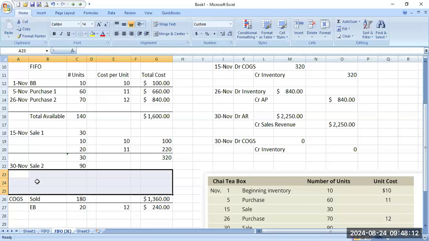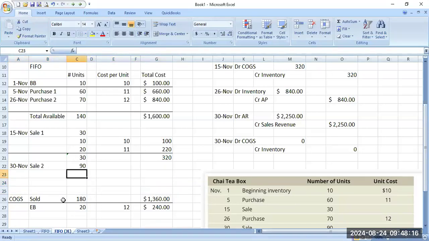Let me get rid of those orders. At this point, with the first purchase, I have 70. Of those 70, I sold 30. So on the next sale, first I'm going to start with the remaining 40 units at $11 from my second purchase.